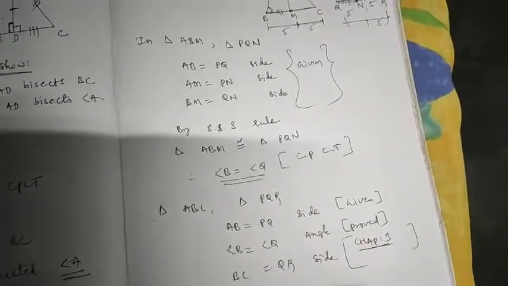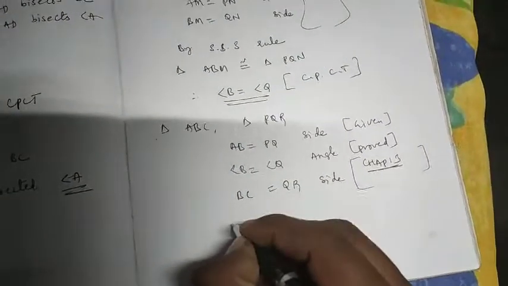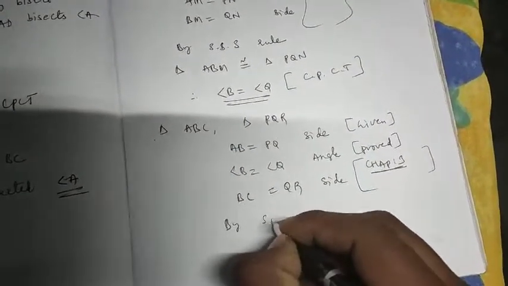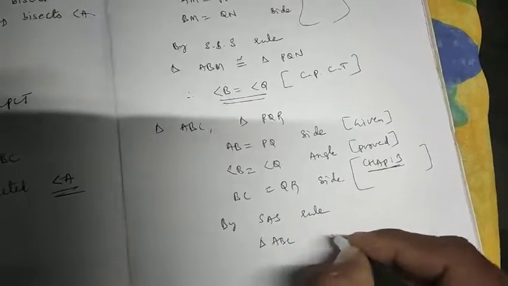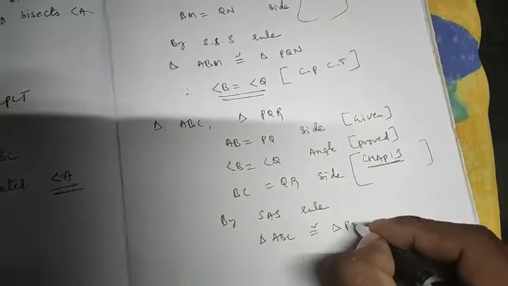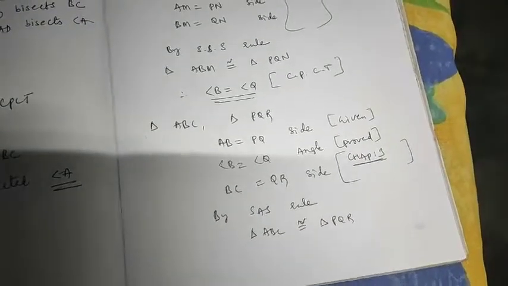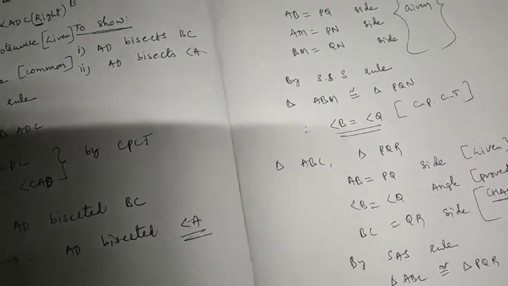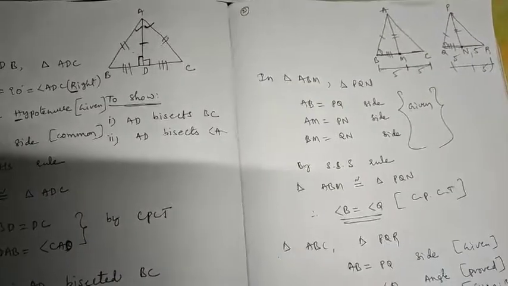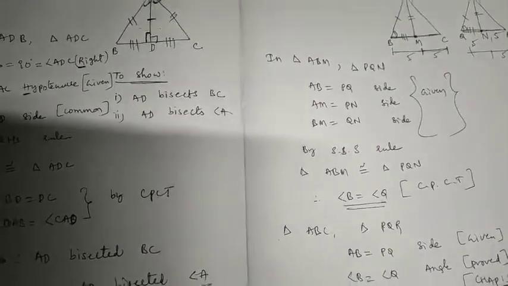Now by SSS rule, we'll write triangle ABC congruent to triangle PQR. And remember children, to show congruence of triangles we have many methods, many congruence rules. Sometimes we can prove it using many congruence rules.